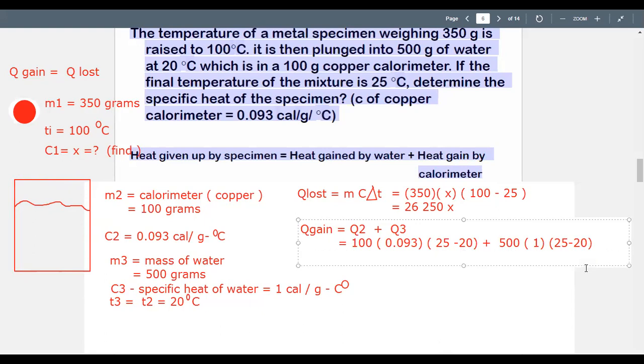So how much is our Q gain? Again, there's an addition there. How much will be our Q gain?